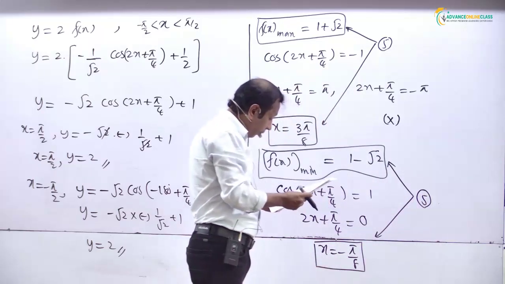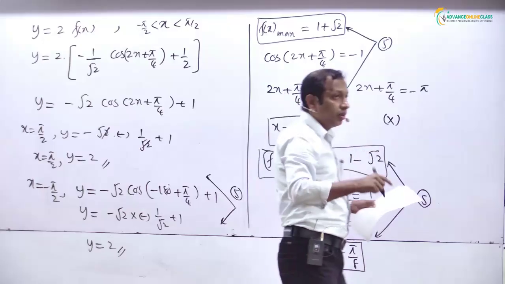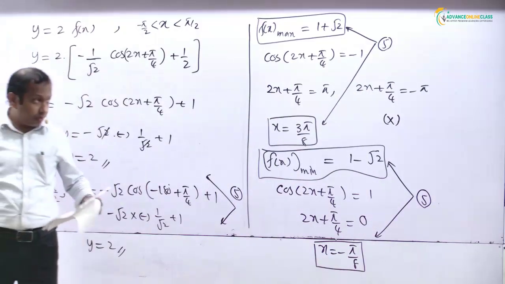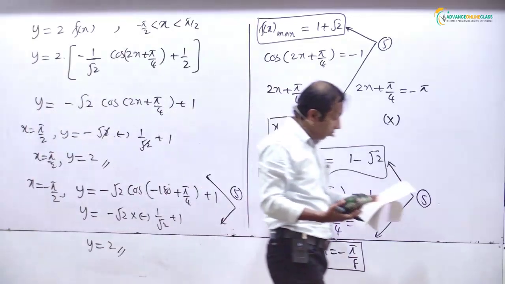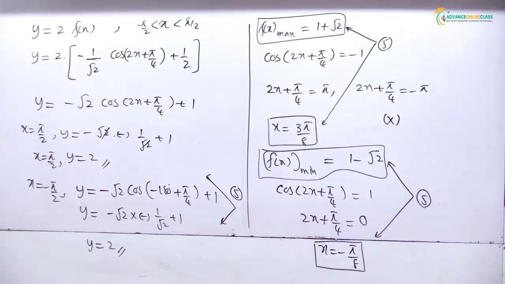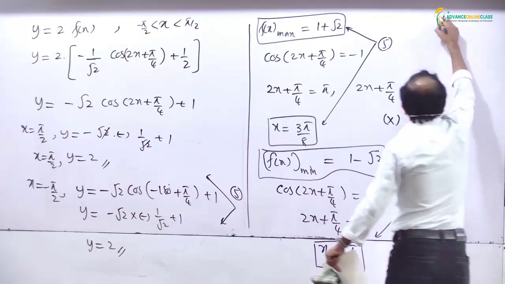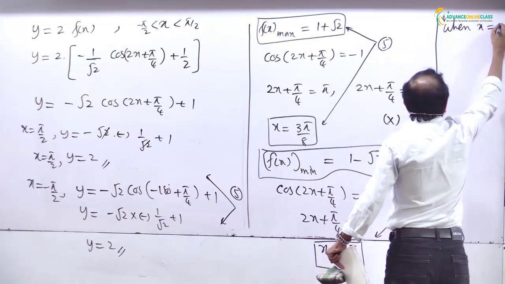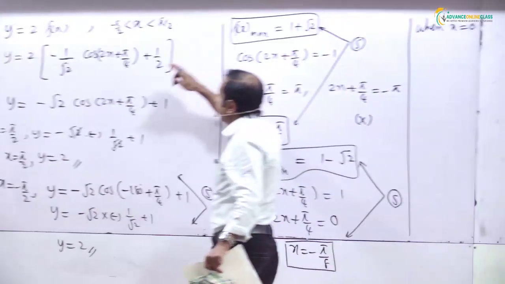So next one, we need to find the points where the graph cuts the y-axis. When x equals 0, what do you get there?